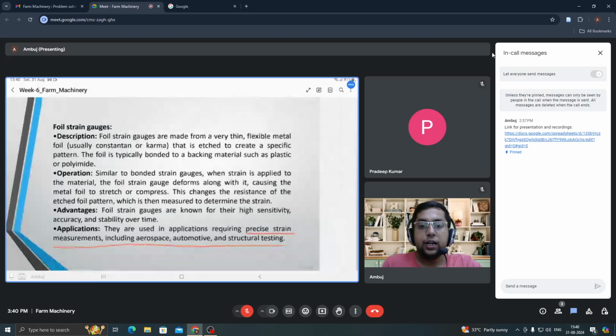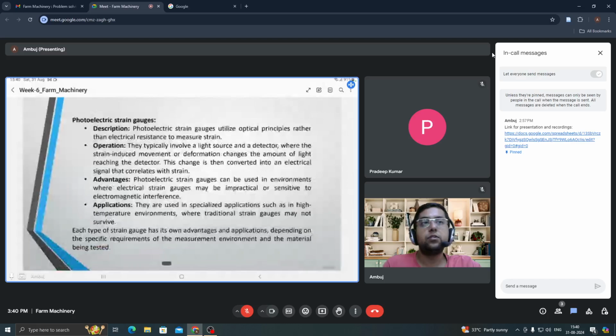Then regarding the photoelectric strain gauge, the last option was this only. I already explained how it works using the principle of optics. The photoelectric strain gauge utilizes optical principles rather than electrical resistance to measure strain. There is a light source and a detector, where the strain-induced movement or deformation changes the amount of light reaching the detector.